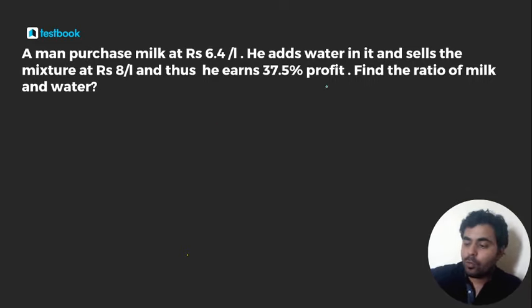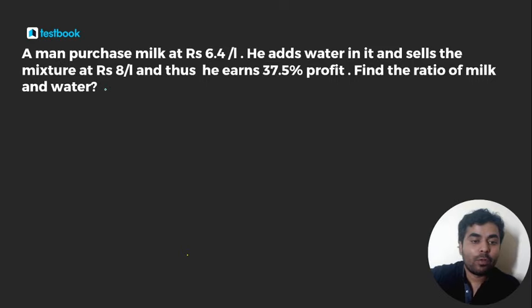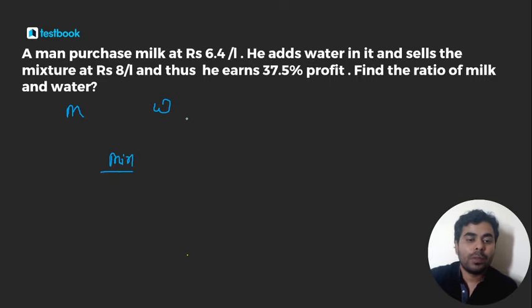So what we are getting here, we are forming a mixture after mixing milk and water. Milk and water are going to be your components, and the mixture is going to be your mixture. What values or properties do we have of these components and mixture?